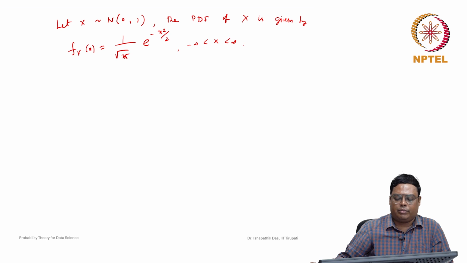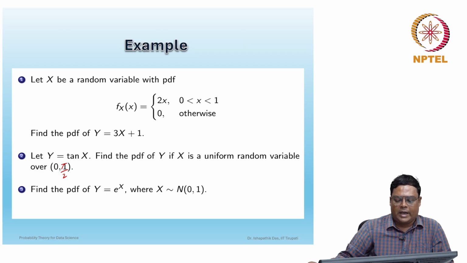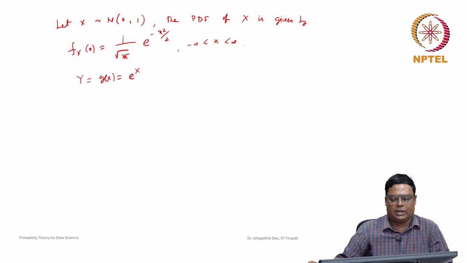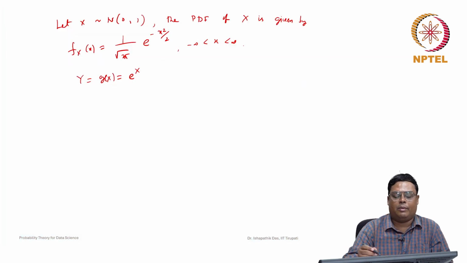So then what is the transformation? The transformation is Y equal to e to the power of X. So this is g(x), which is e to the power of x. So this is the transformation we consider, Y equal to e to the power of X.